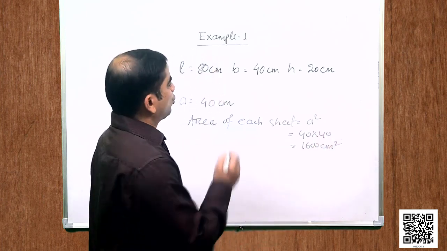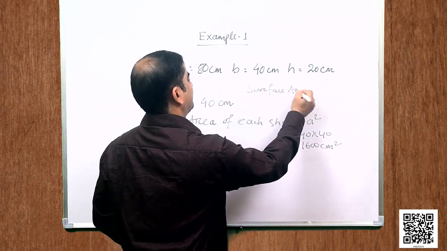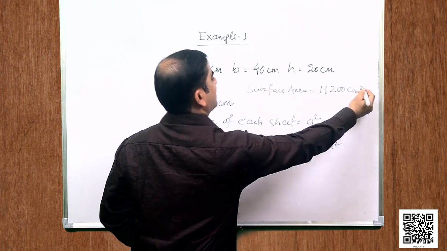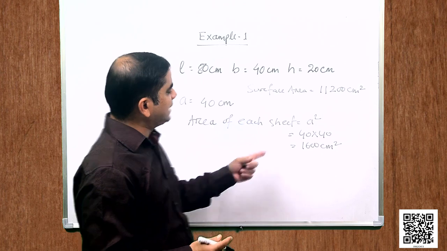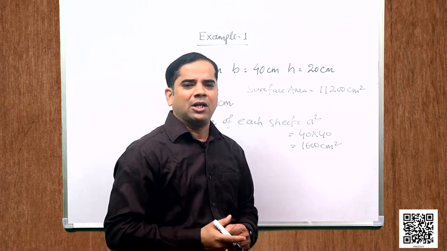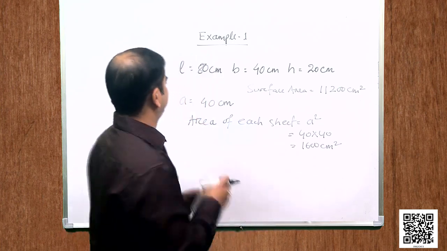So, total surface area is equal to 11,200 centimeter square and area of each sheet is equal to 1600 centimeter square. Therefore, let us find out the number of sheets required.